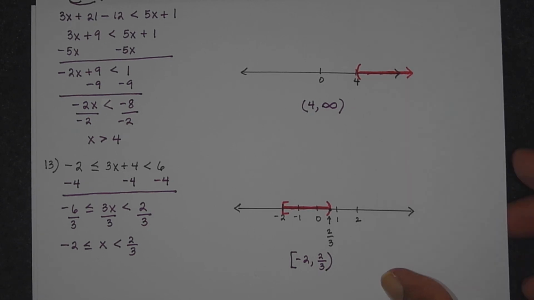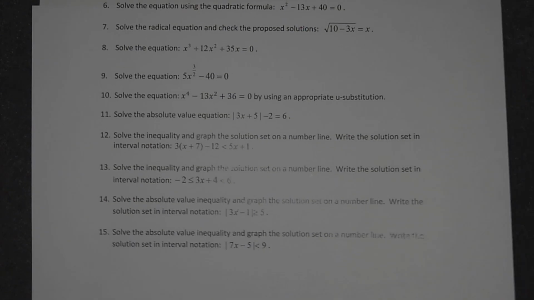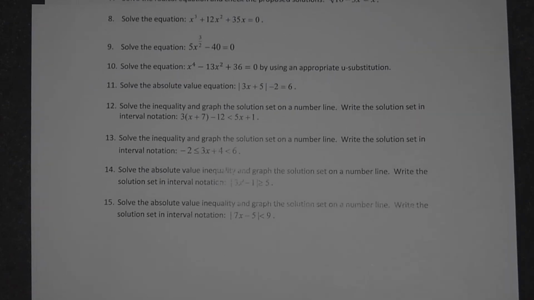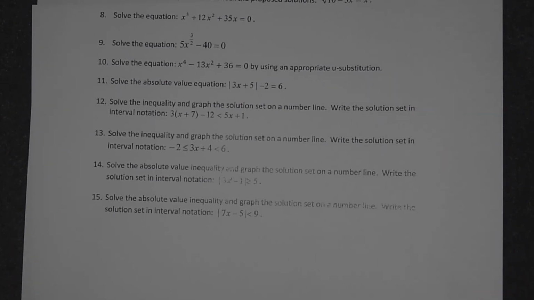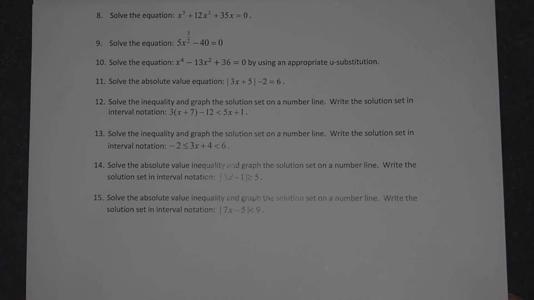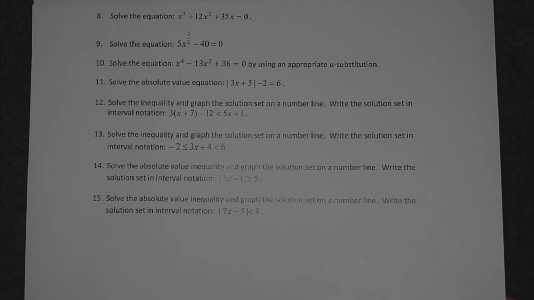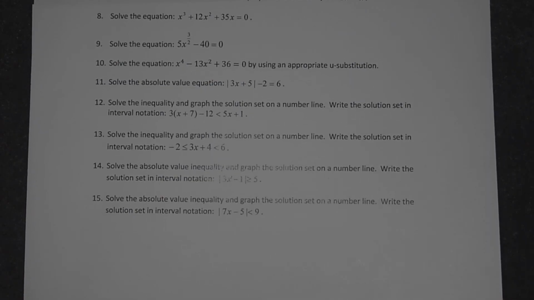Okay, problem number 14 is absolute value inequalities. Well, 14 and 15 are absolute value inequalities. So here in 14, you're going to solve the absolute value inequality and graph the solution set on a number line, then write the solution set in interval notation.